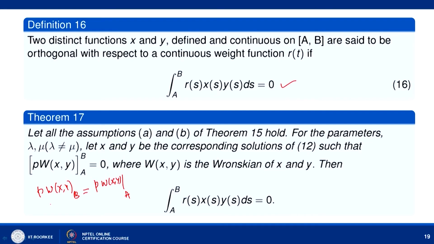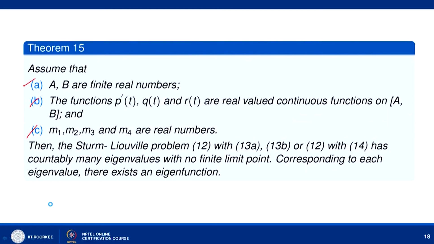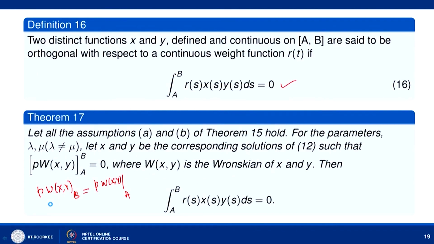So, we say that if this condition holds, what are the conditions? The condition is that a and b are finite real numbers and the functions p dash(t), q(t) and r(t) are real valued continuous functions. Then the Sturm-Liouville boundary value problem has orthogonal solutions corresponding to distinct eigenvalues.